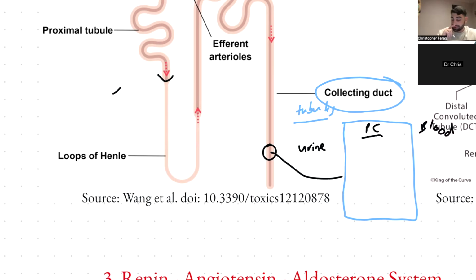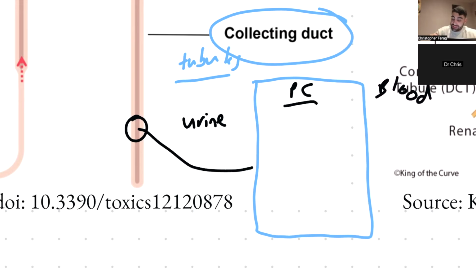Now, in the principal cells, there's the sodium potassium ATPase pump. This is a pump that causes sodium to be absorbed into the blood in exchange for potassium being pushed into the principal cell, Na+ in exchange for K+. Now, aldosterone causes an increase in the work and function of that pump. What does that do?